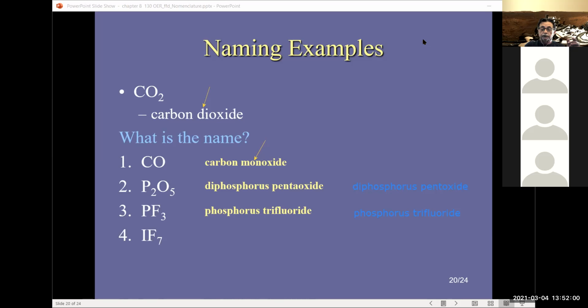Here we have the iodine, which is the central atom. So we don't call that iodide. In this case, iodine is a central atom, so we keep the name it has. So it's iodine. And then we have fluoride attached to it.